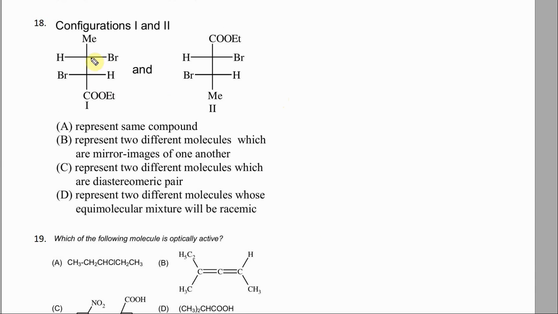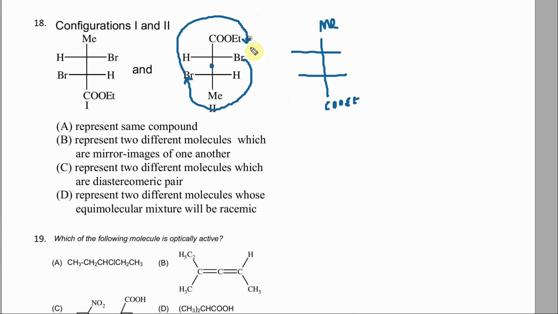How about these two compounds? So what we want to do is obviously make one the same as the other. I'm going to rotate it 180 degrees. So my methyl will go here, COOH will go here. Okay, this will go here, this will go here.